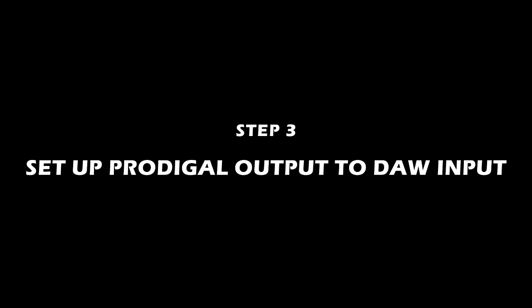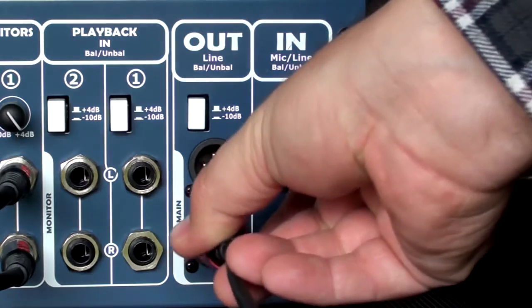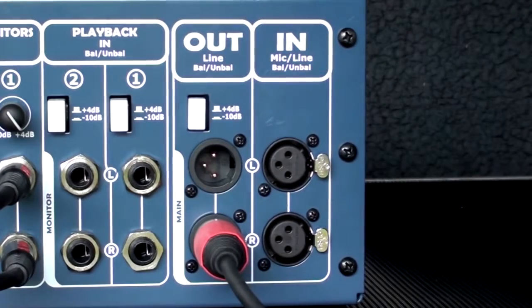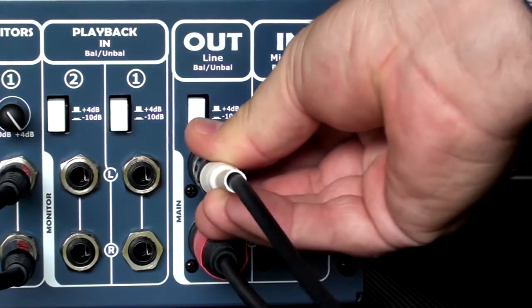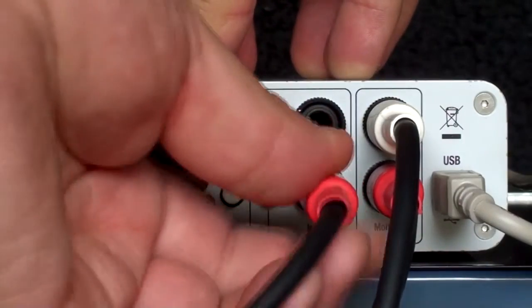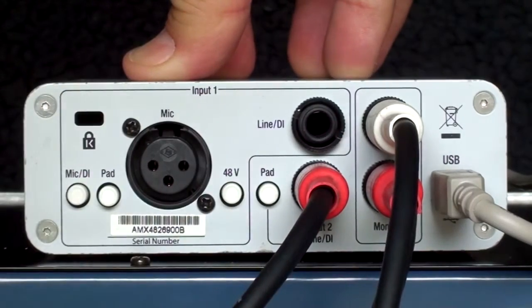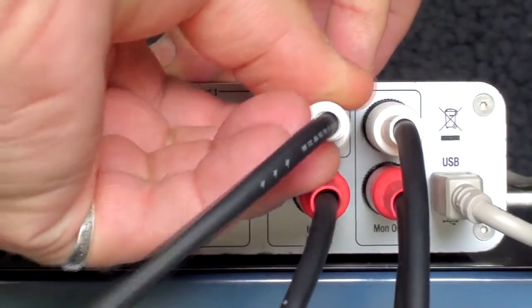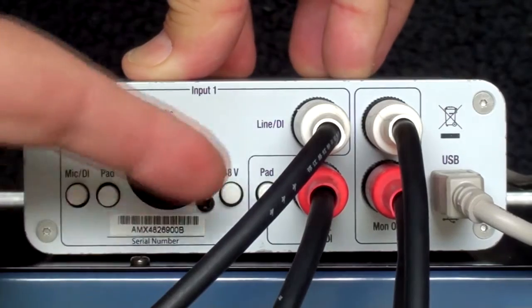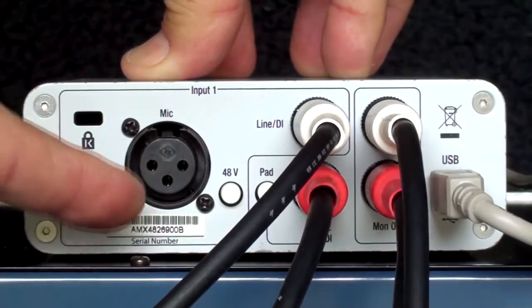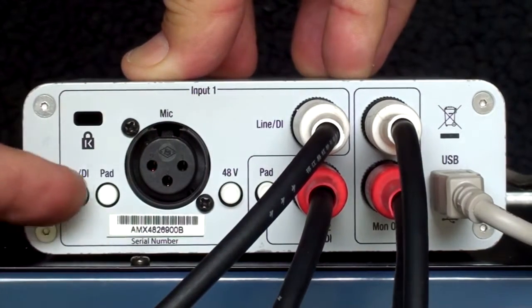Step 3. Set up your Prodigal output to your DAW input. Connect the main XLR outputs to the DAW line inputs and switch the DAW to accept a line level signal. It is worth noting that some less expensive DAW interfaces have pad switches instead of line input switches.